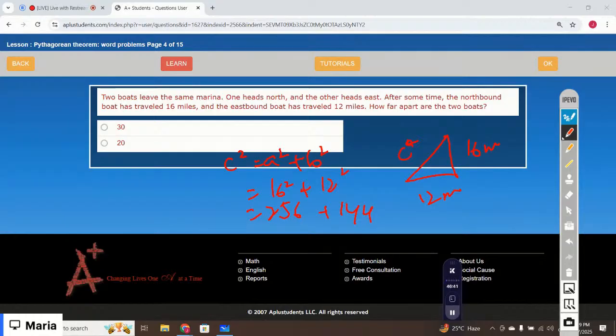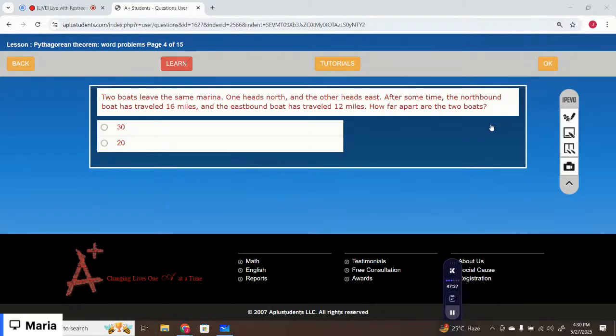So c equals 20, and option number two is the correct one.